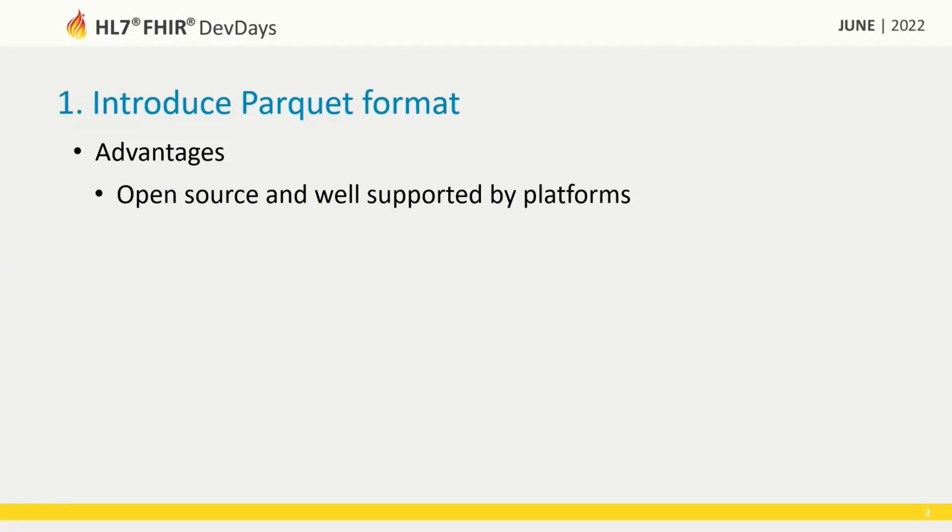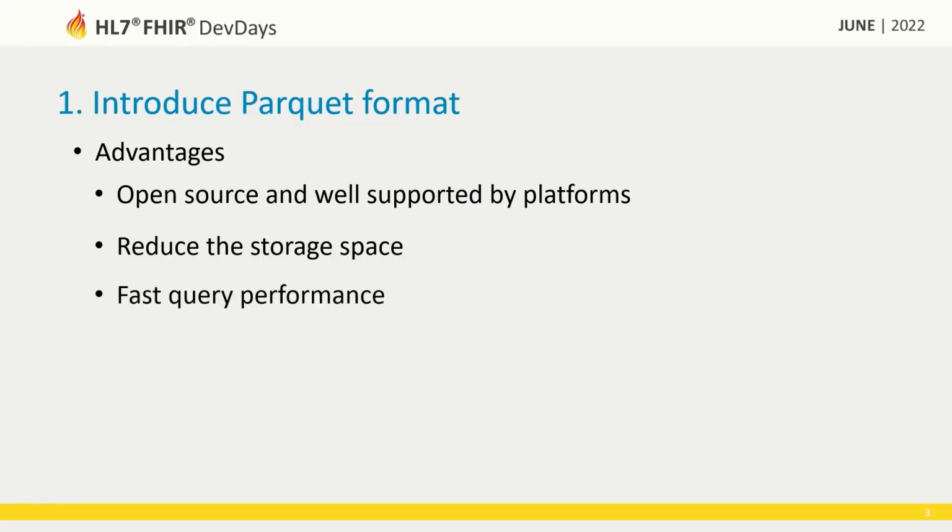We have seen an increasing number of platforms support Parquet as their data source. And due to the compression and well-designed storage system, we can store big datasets with better use of space. More importantly, it has faster query performance; we can quickly access the fields we're interested in without involving non-required fields in the dataset.